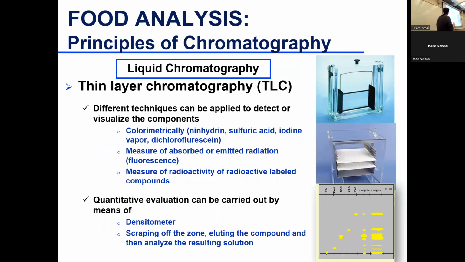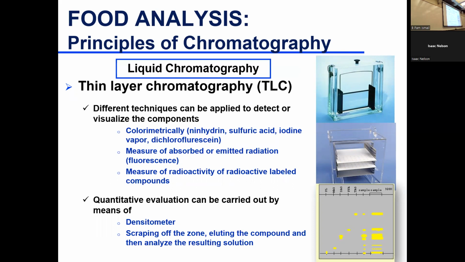So there are specific chambers for thin layer chromatography, and you put about a 1 centimeter space, and then you spot your sample 1 centimeter from the edge, and you put your plate in a chamber, and you put your mobile phase, and then you let it develop over time.